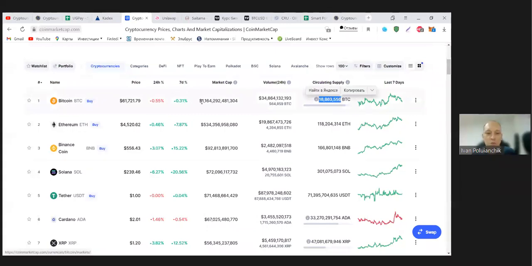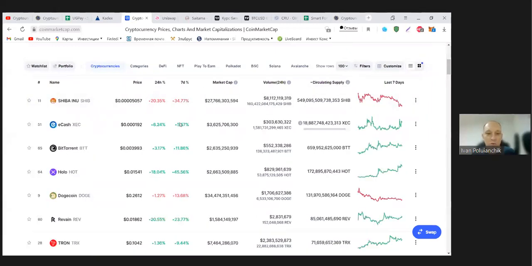If you take this number of coins and multiply it by the price, you will get the market capitalization. If you sort the tokens by the number of tokens, you will see that Shiba has very, very many coins in circulation compared to other coins, you see? So why was the capitalization so big? Because there were quite a lot of coins out there. Imagine how many coins are in the market. Just take a look.